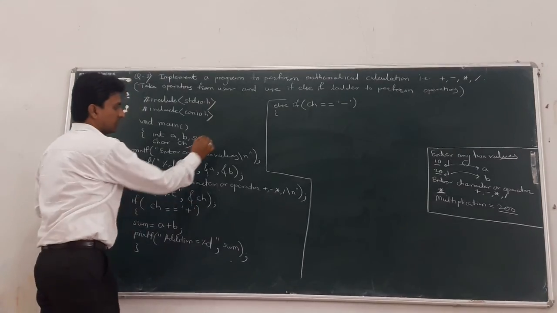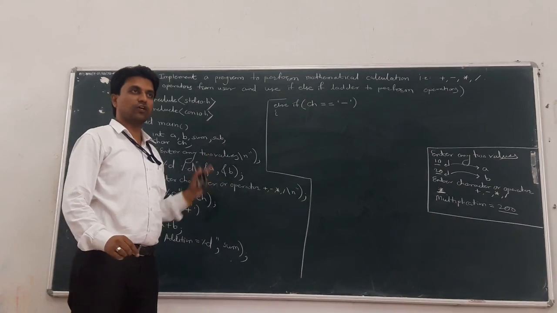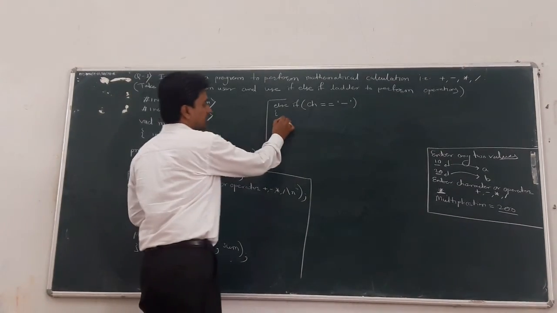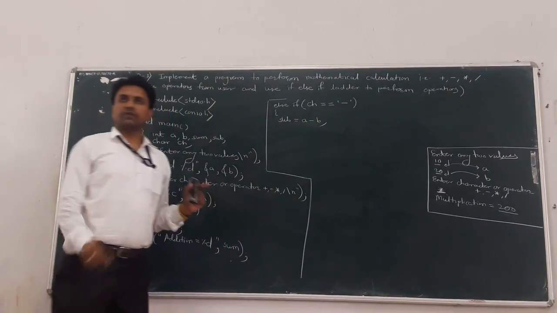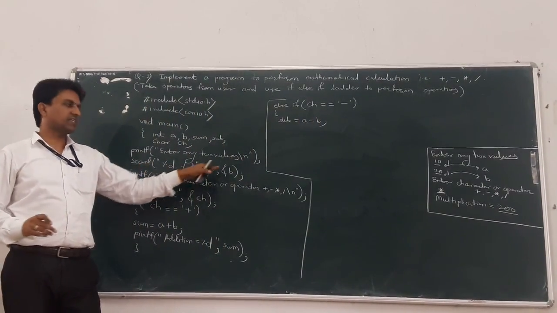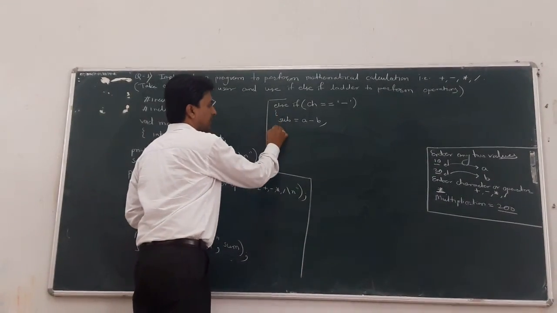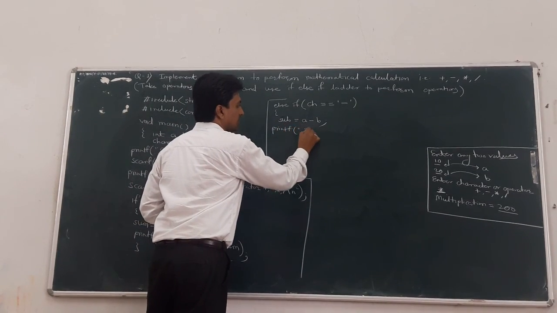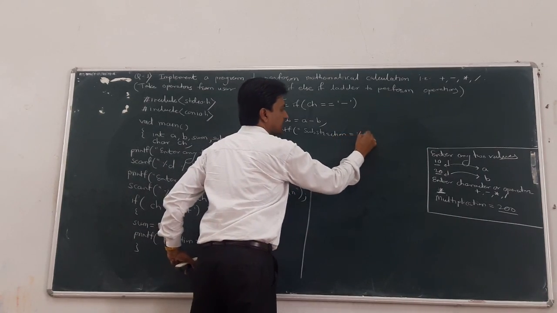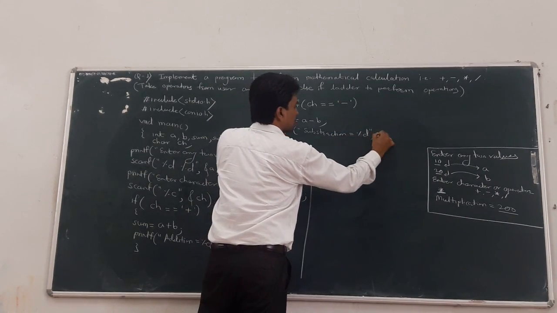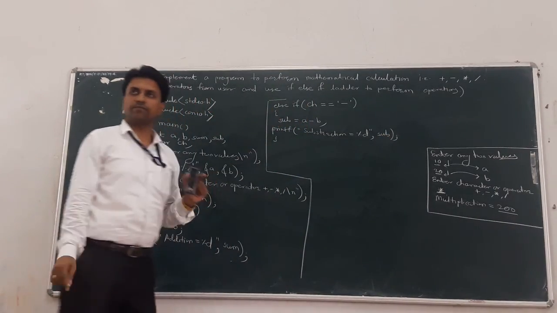For subtraction, take one variable sub to store the subtraction of A minus B. That is sub is equal to A minus B. Perform the subtraction of two operands A and B and store the result into the sub variable. Then printf "Subtraction is equal to %d", and the subtraction is stored in the sub variable. So write sub here. Then complete the else if.